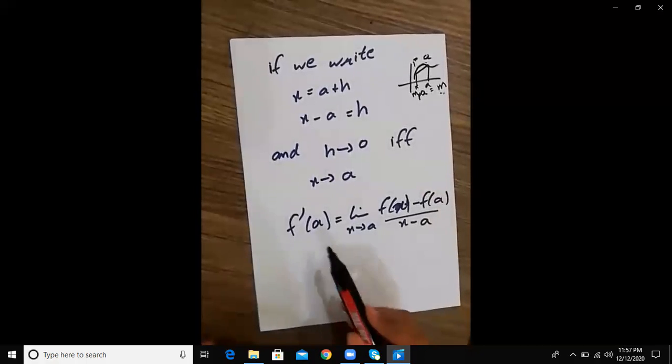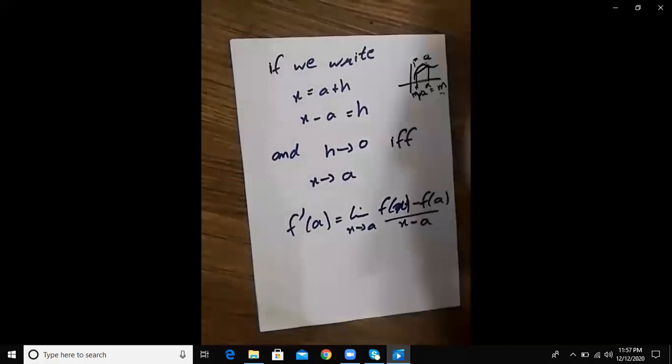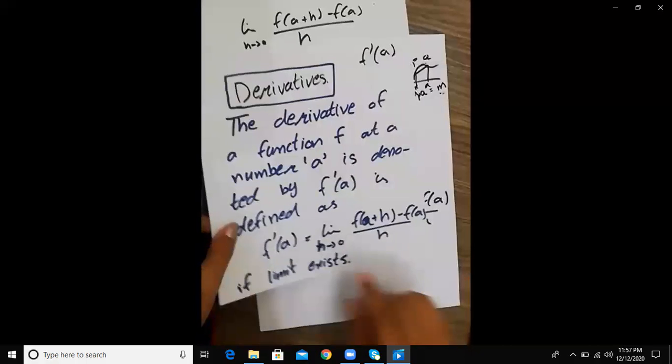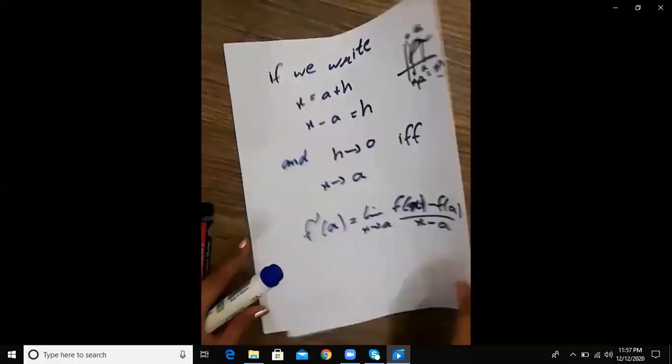So the derivative of the function f at point a is equal to the limit as x approaches a of f of x minus f of a over x minus a, and the other way. This was the first definition, and this is the second definition of the derivative of a function as the slope of the tangent line.